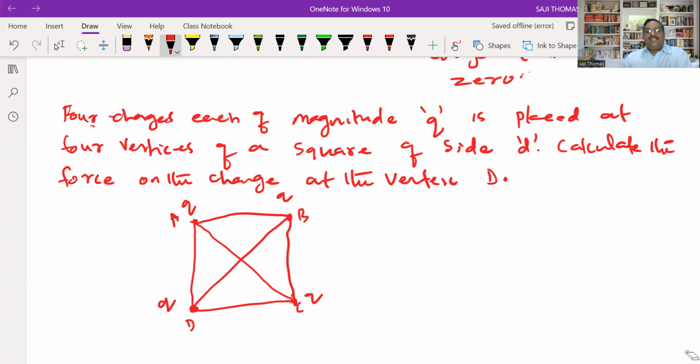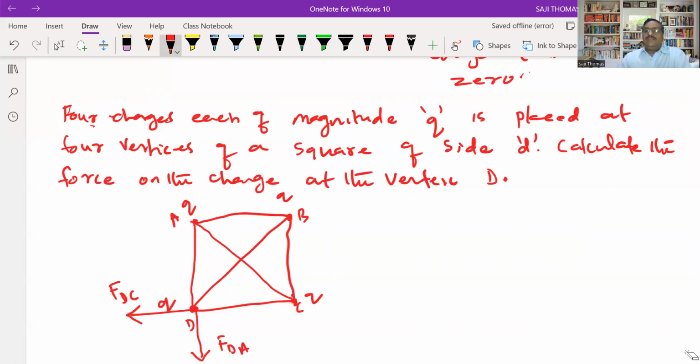Now you look at the charge D. The charge at C repels charge D. So the repulsive force is in this way. This I am writing as FDC. Charge at A repels the charge at D. This force I am writing as FDA.